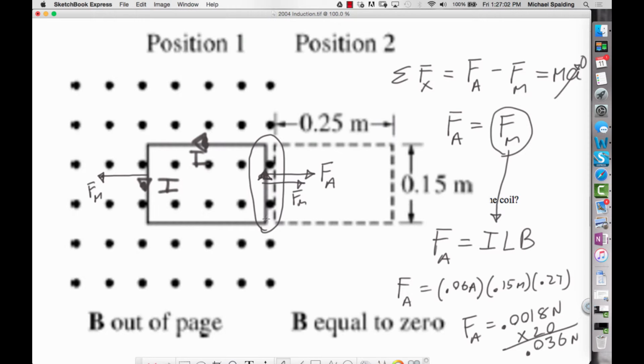Like it's right on the edge. So as soon as the loop gets pulled, you're not going to have this force magnetic acting on that right side of the loop.